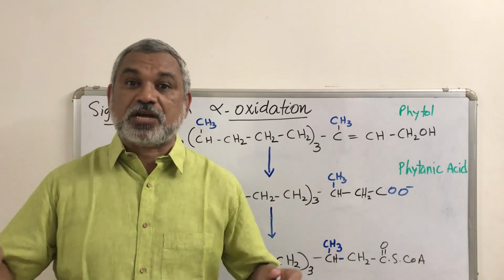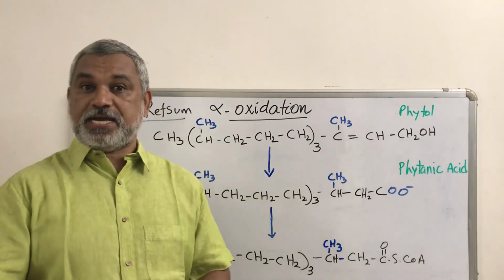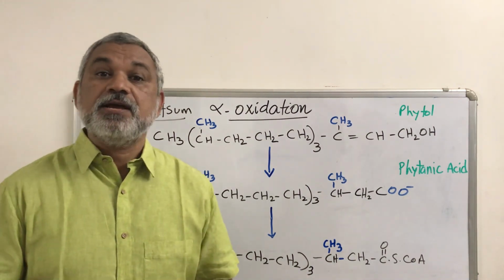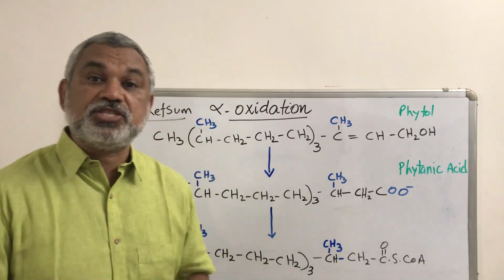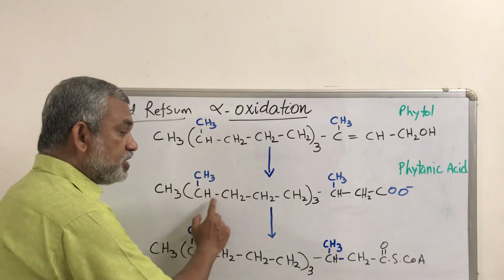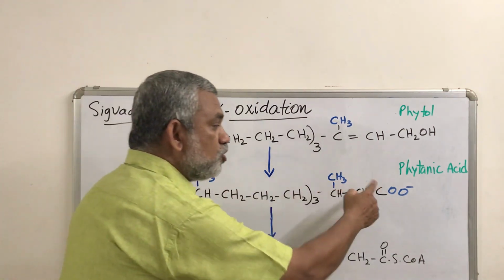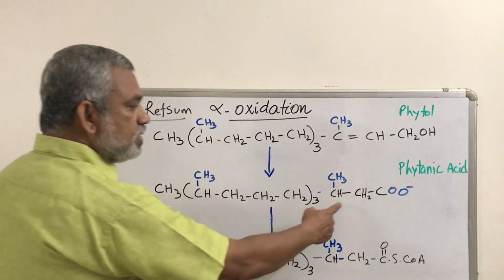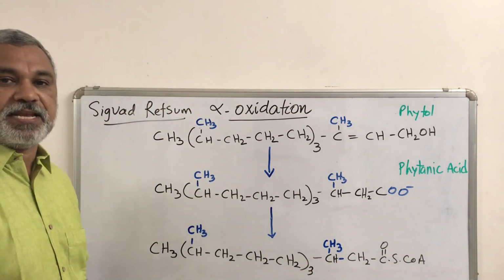Now looking at the structure of phytanic acid, in the 1960s they identified that this is a branched chain fatty acid. As you can see, there are a number of methyl groups attached to this fatty acid. This is a 16 carbon fatty acid.